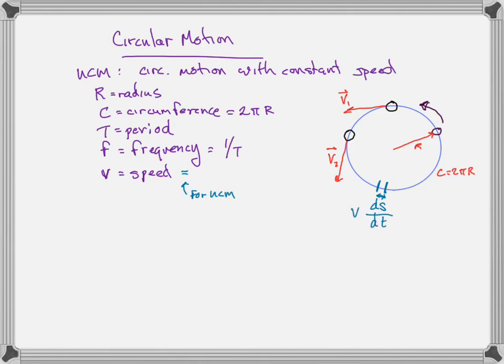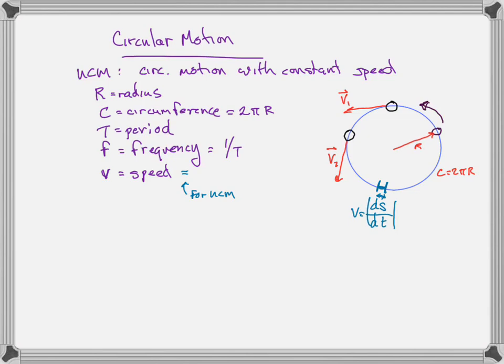And so that would be the instantaneous speed, or the instantaneous velocity. We could take the magnitude of that in order to find the speed, ds/dt. So it's the distance that it goes divided by the amount of time it takes to go that distance.